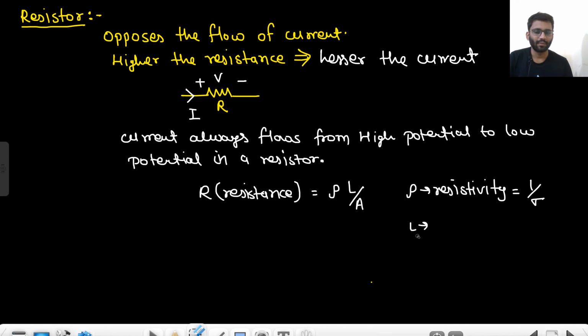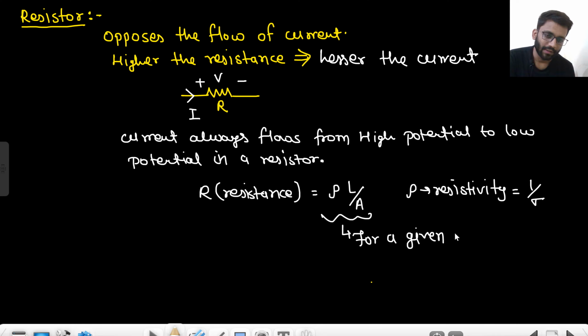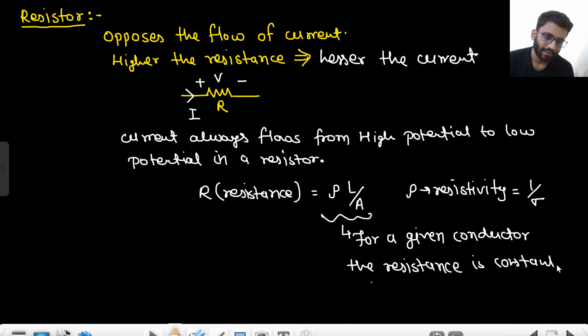For a given conductor, the resistance is constant. So that's all we can write about a resistor. R equals rho L by A.